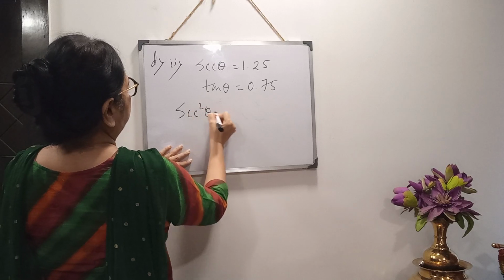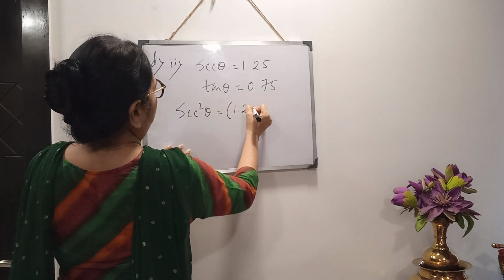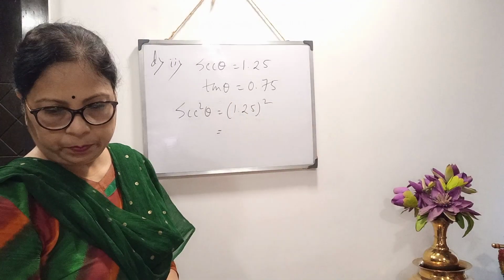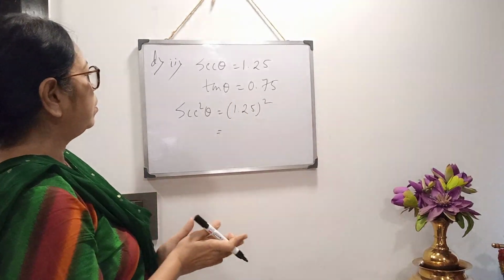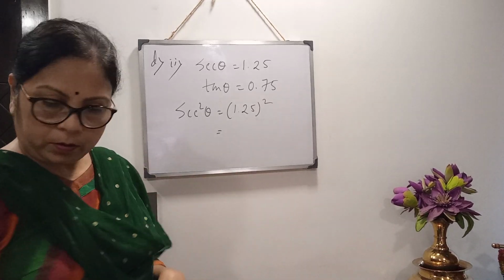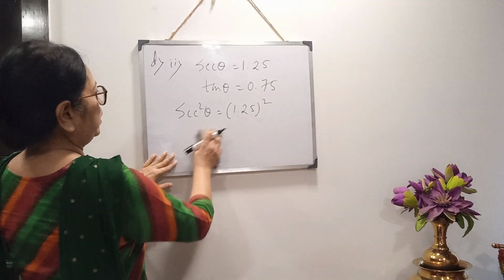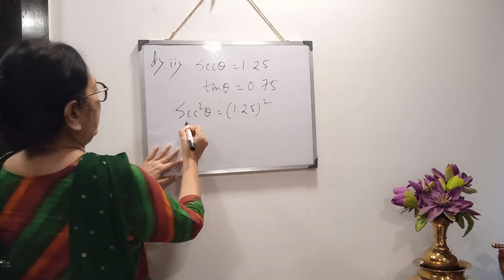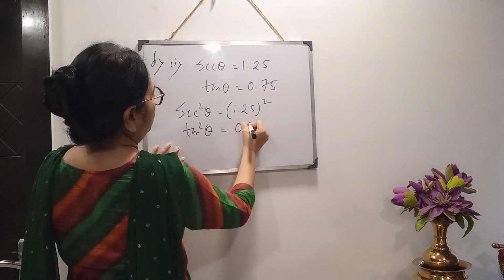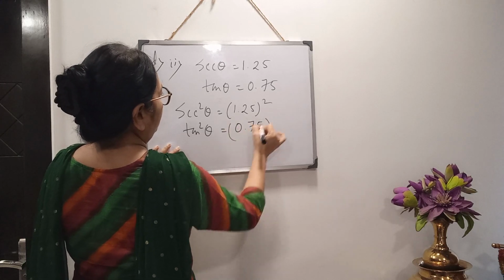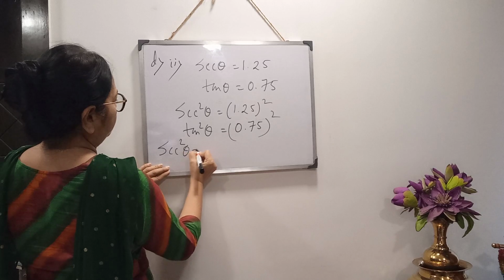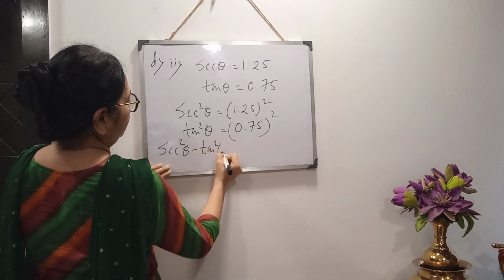Sec square theta is 1.25 whole square. Now this calculation I have done. Okay, we will not do it in this way. See, sec square theta is this, keep it, and tan square theta is 0.75 whole square. Clear? Now we will calculate sec square theta minus tan square theta.